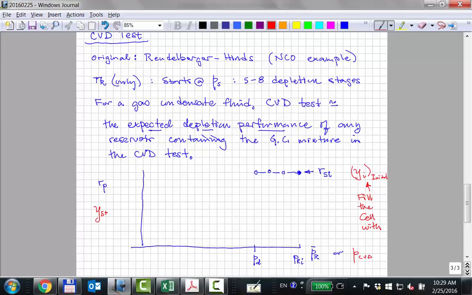Okay. Now the CVD test starts at the dew point, so you wouldn't necessarily have the points above the dew point, but obviously the composition is not going to change if you're in the single phase region.